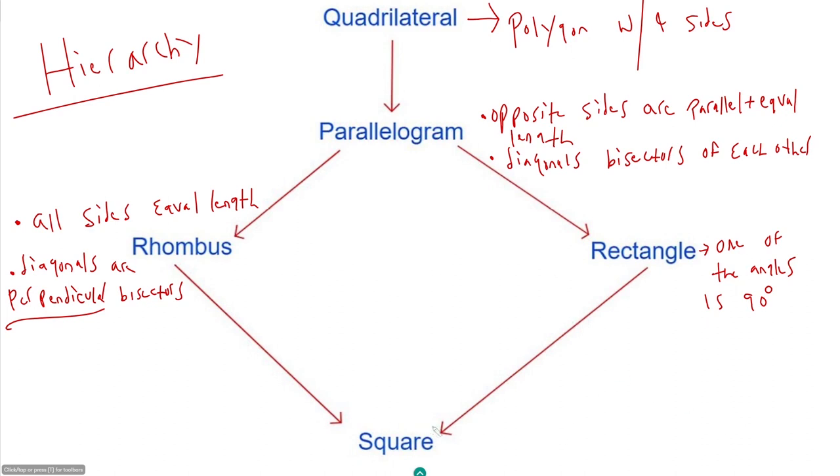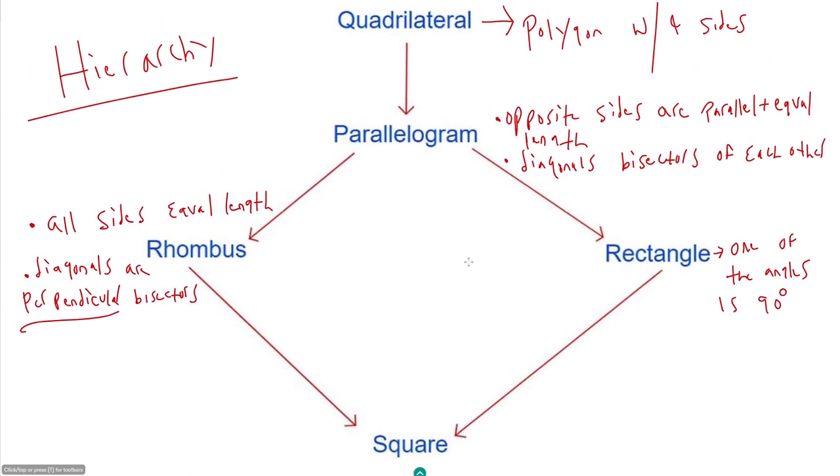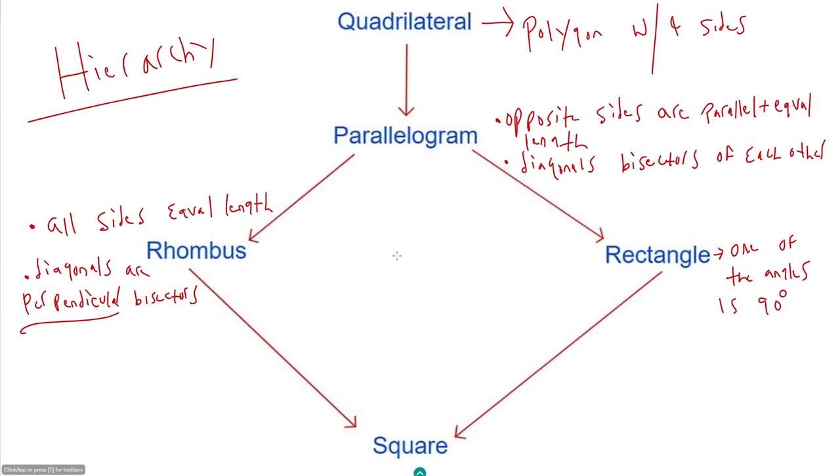And so this leaves us just with a square. A square has the properties of everything else that comes before it. So a square is just a rhombus plus a rectangle. So if you know you have a rhombus and then they tell you one of the angles of that rhombus is 90 degrees, well, congratulations, you are now a square. Likewise, if you have a rectangle and they tell you that all the sides of your rectangle are equal length, congratulations, that rectangle is now a square.